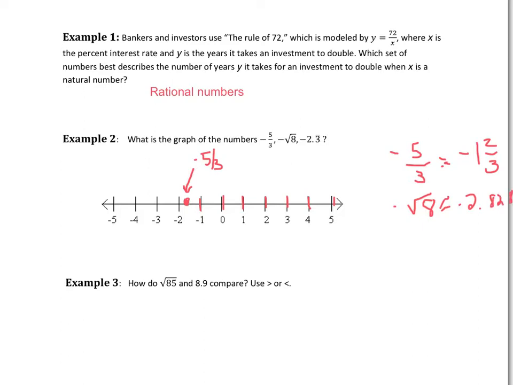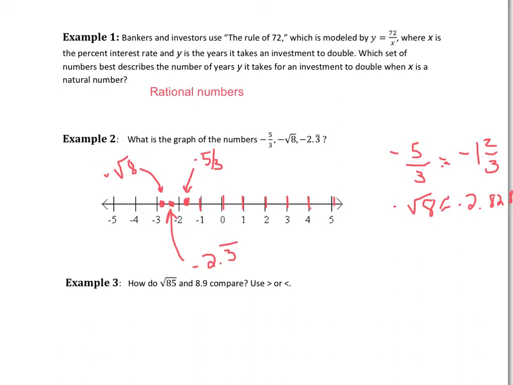So you're going to want to go close to -3 and put that in. And again, when you're putting it in, either on a quiz or a test, if I'm asking you, make sure you put the dot in and label what dot that is. And the last one is -2.3 repeating. So that's going to be to the left of negative square root of 8. So I'm going to put it right there, and we'll label that as -2.3 repeating.